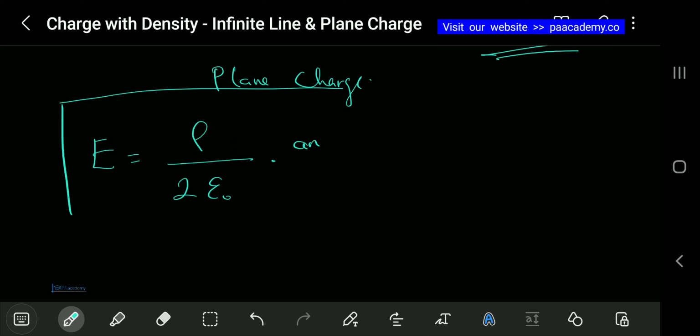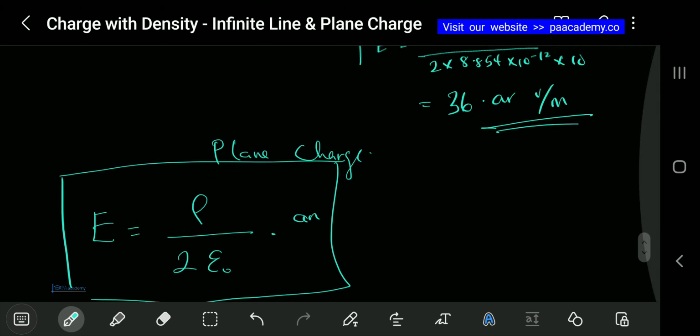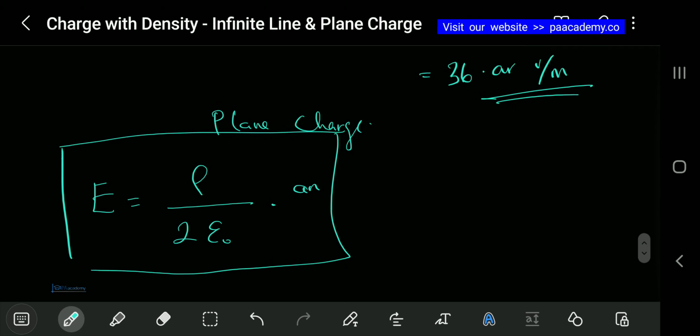This is just the formula you're going to apply if you are dealing with a plane charge in terms of the density. So that's charge densities.